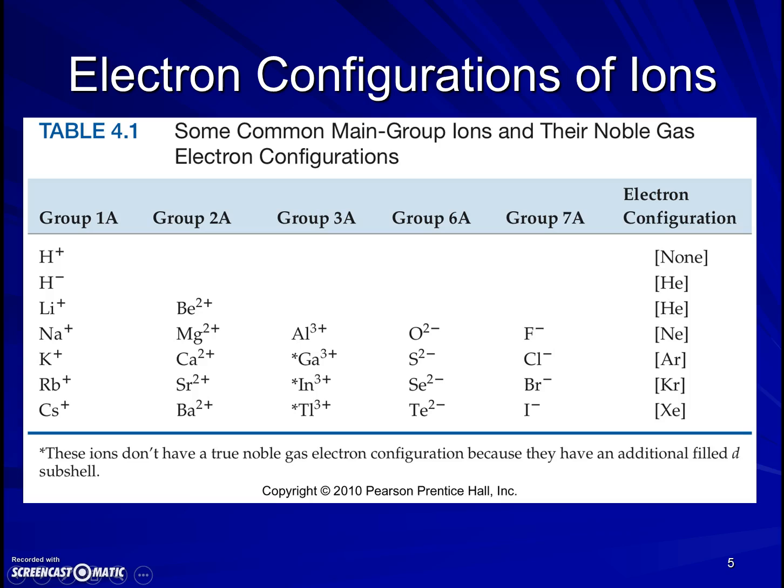So atoms will form ions that give them electron configurations that are very similar to noble gases. These ones that have stars on them have electron configurations that look like noble gas configurations, but the difference is they also have a D sublevel that's filled that the noble gas they're trying to mimic doesn't have. So that's a slight difference.